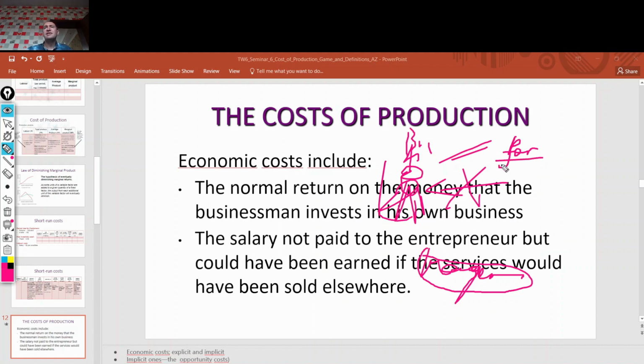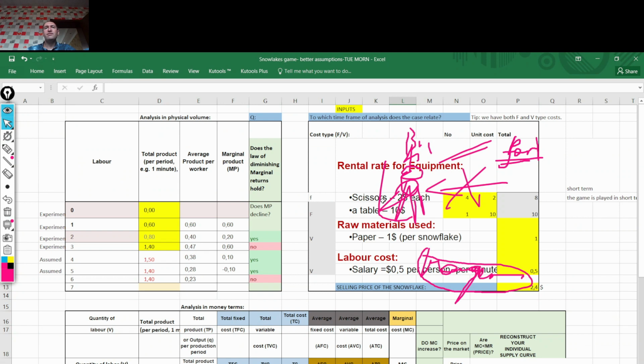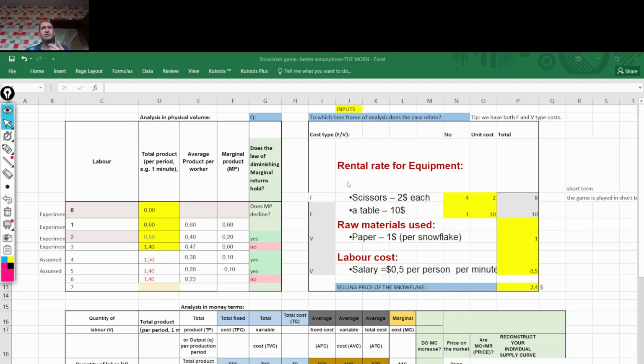In accounting terms, you wouldn't pay rent to yourself. On accounting records, this rent will be invisible because it was a free contribution to your own business.